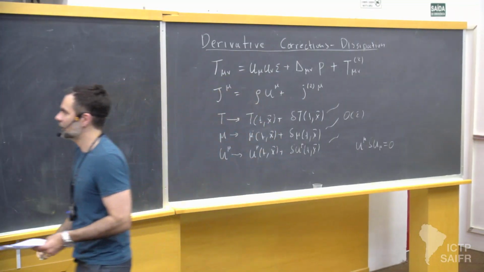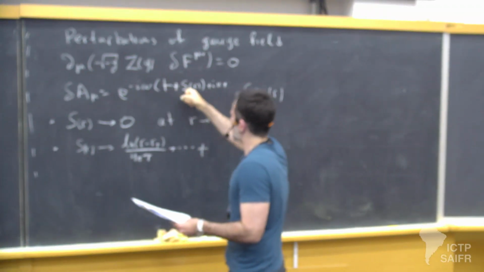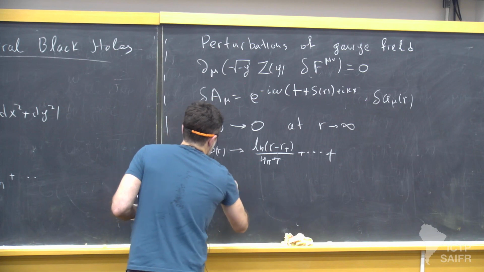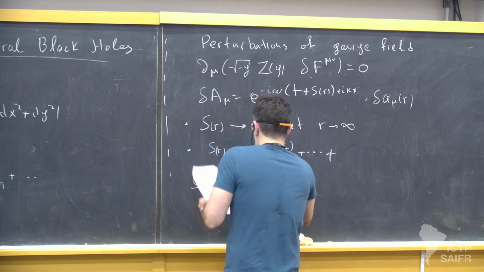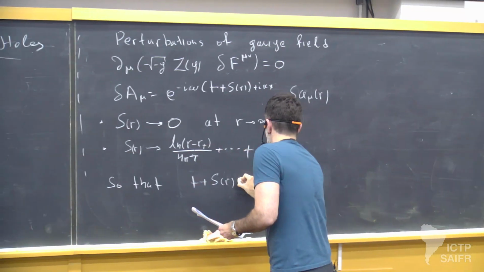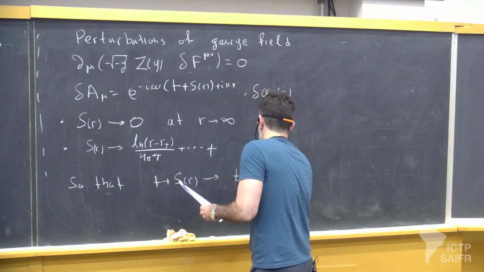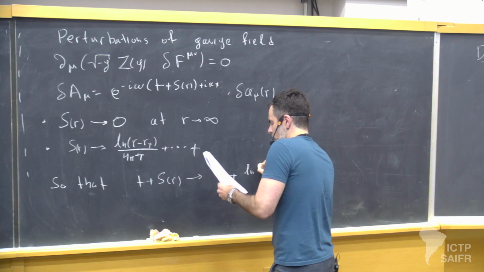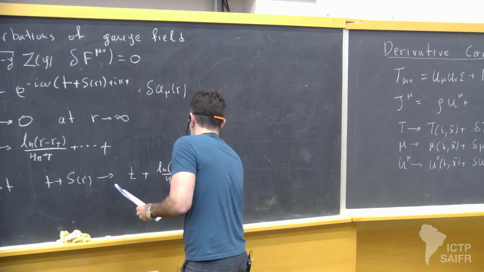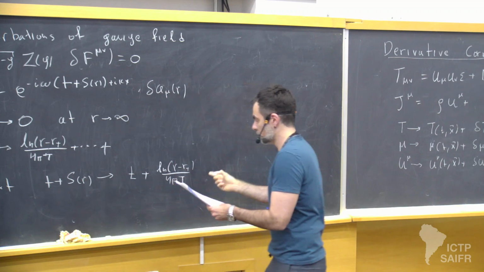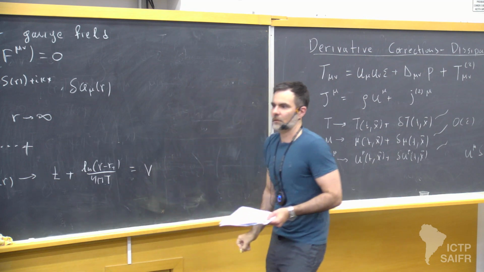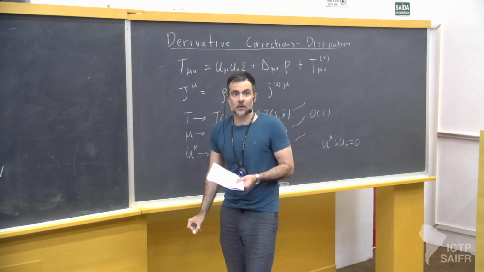Why? You see, what I want to happen in this exponent is that t plus s of r goes like t plus log of r minus r plus divided by 4 pi T, as I'm going very close to the horizon. And this is really the ingoing Eddington-Finkelstein coordinate.